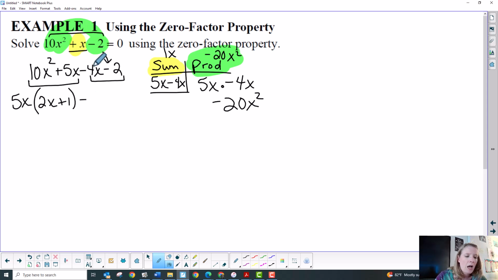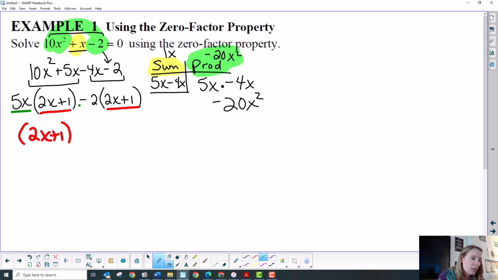Minus, in 4 and 2, I can take out a 2. 2 goes into 4 2 times, and 2 goes into 2 1 time. If you did it right, those two should be the same. If they're not the same, then you did it wrong. So that should be 2x plus 1.